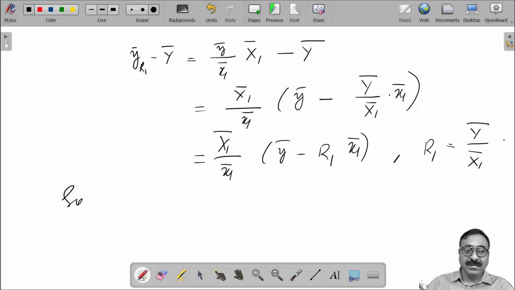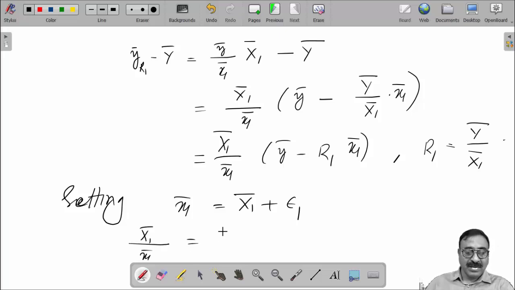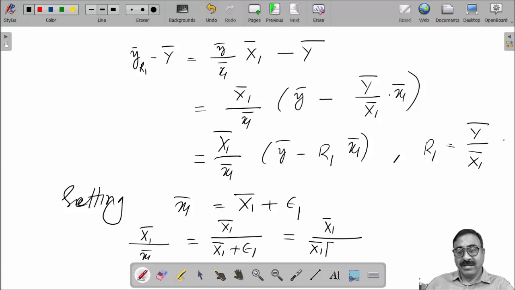Now setting x1 bar equal to X1 bar plus epsilon 1, we have X1 bar by x1 bar equal to X1 bar divided by X1 bar plus epsilon 1. This is equal to X1 bar divided by X1 bar taking common, 1 plus epsilon 1 by X1 bar.